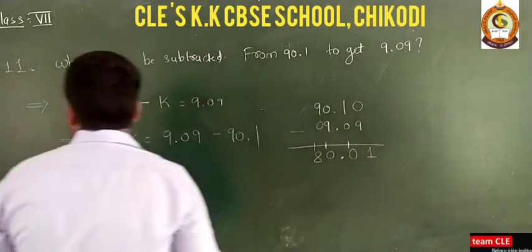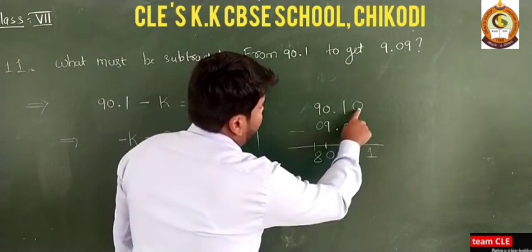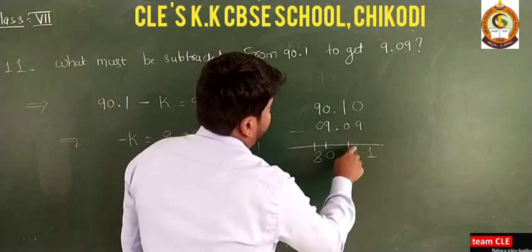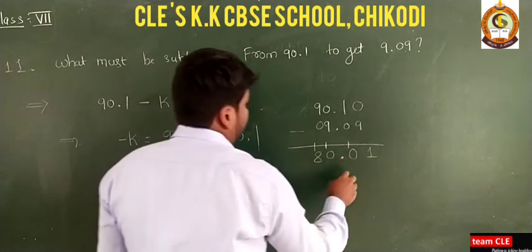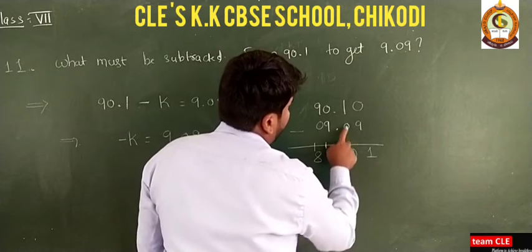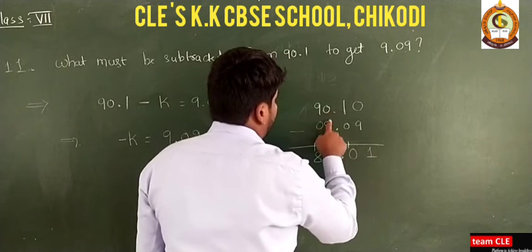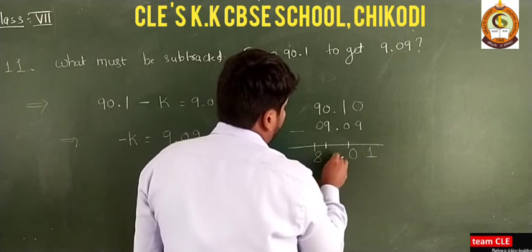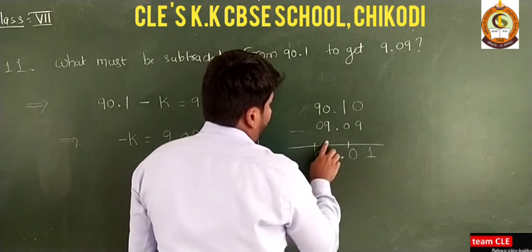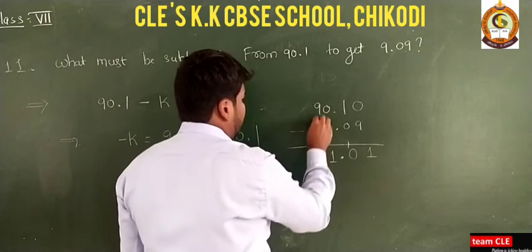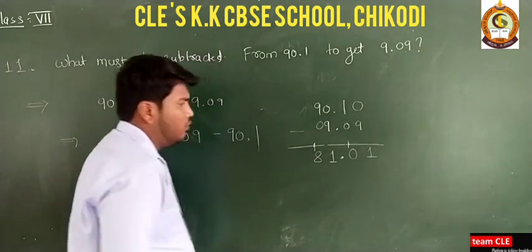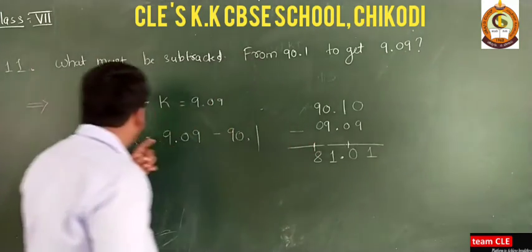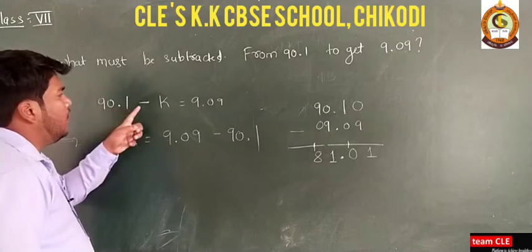Okay, so again 10 minus 9 is equal to 1, again 1 carry here, 10 minus 10 is 0, and 1 minus 1 is equal to 0. Similarly 10 minus 9 is 1, and we have 9 minus 1 with the carry, which is equal to 8, so it is 81.01.